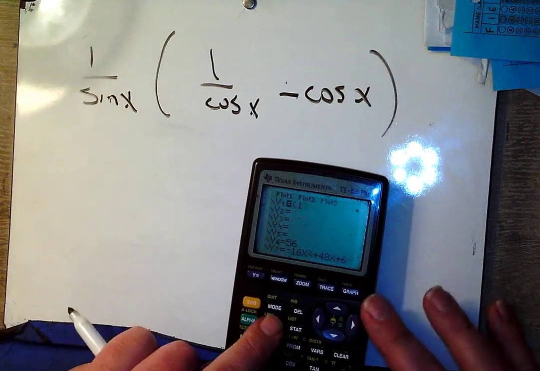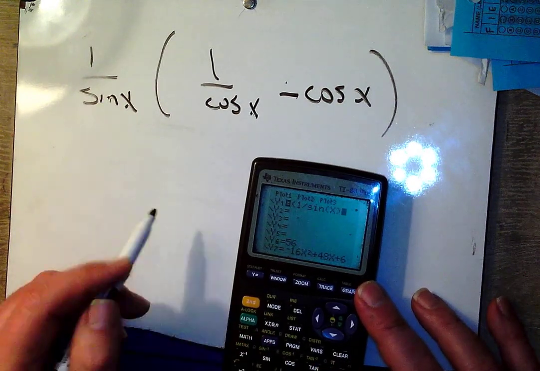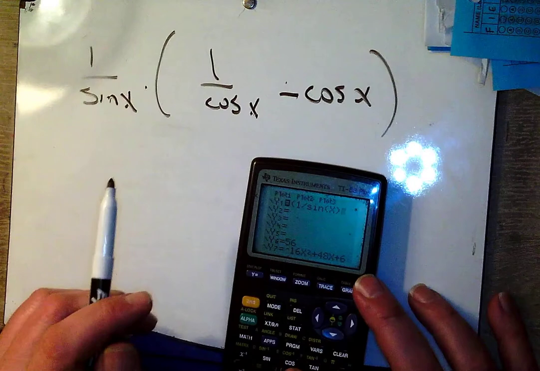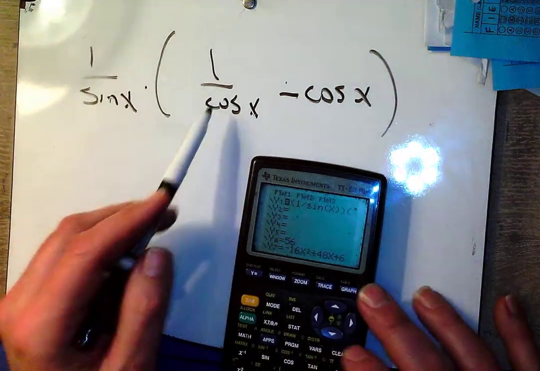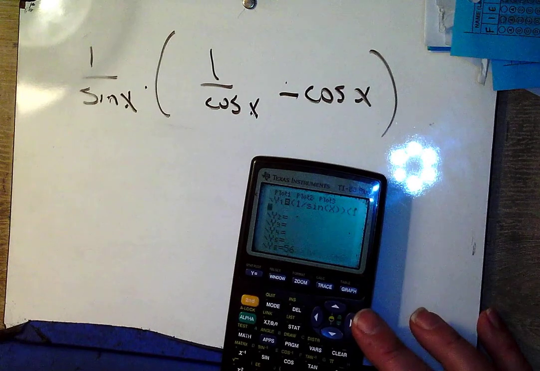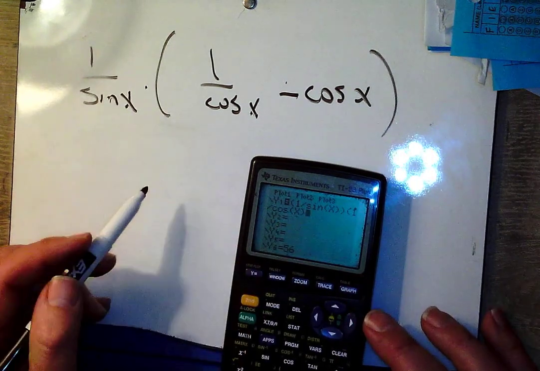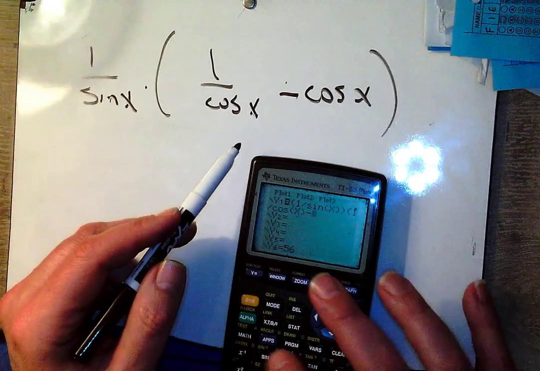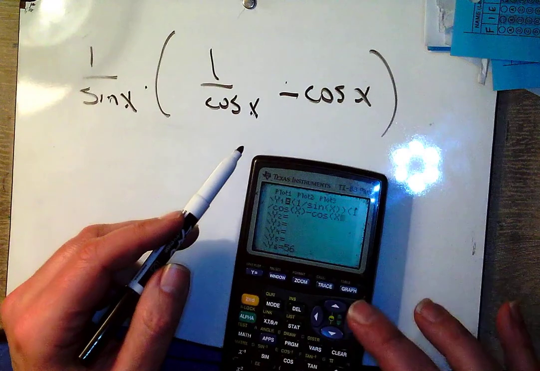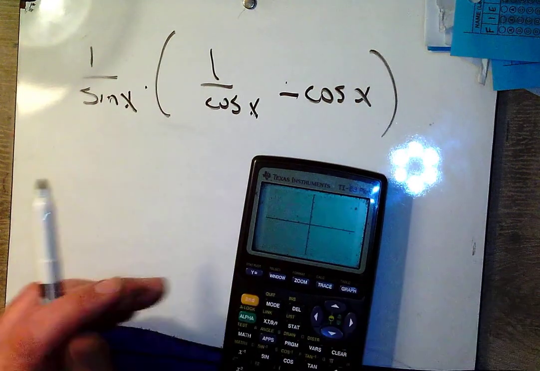So let's take a look. 1 divided by sine x times, close that parenthesis, times 1 divided by cosine x, close that parenthesis, minus cosine x, close that parenthesis. Okay, and graph.